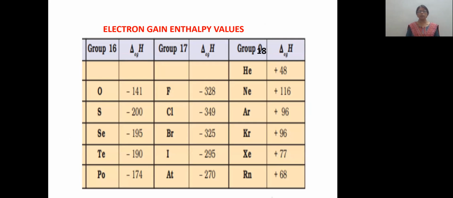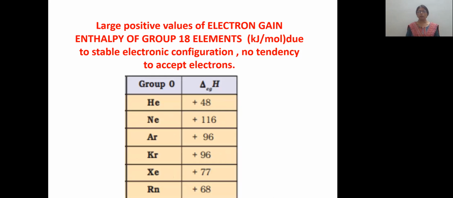You can clearly see that the values are negative for group 16 and 17, but for group 18, the values are positive. The reason behind the positive values for the noble gases is again the stable electronic configuration. Their octet is complete and they don't have a tendency to accept electrons.